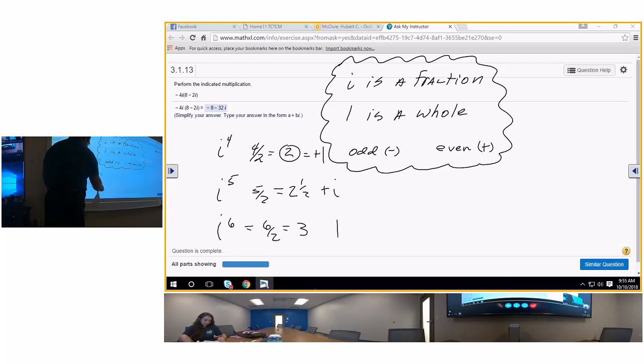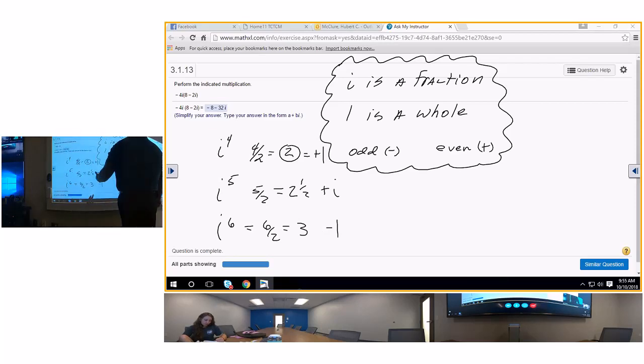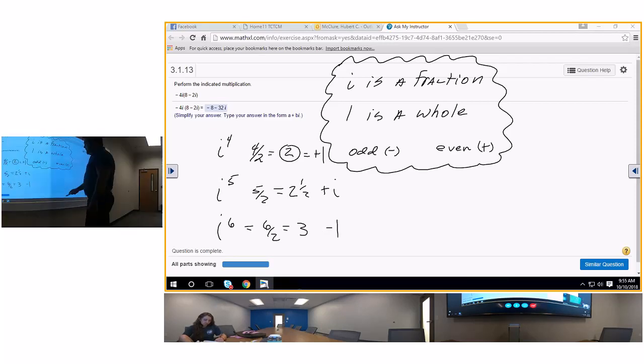Odd means what? -1. And what they're saying is, if you were to take these numbers, and instead of doing i times i times i times i times i times i 6 times, i times i is i squared, i times i is i squared, i times i is i squared.